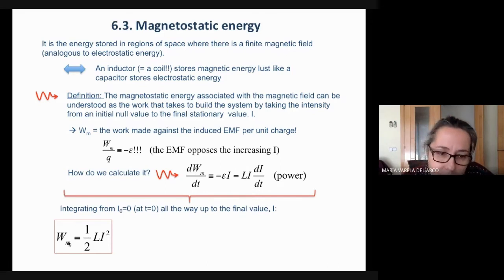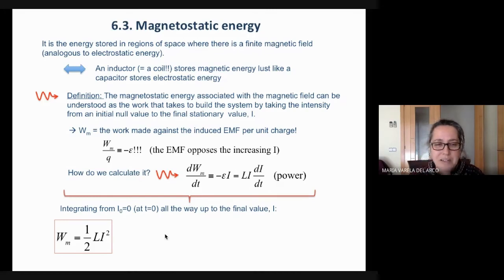So the energy stored in an inductor where some constant intensity I is circulating at the very end is 1/2 of Li squared.